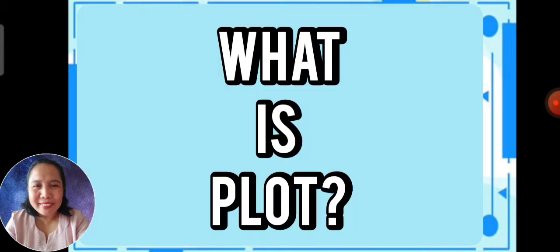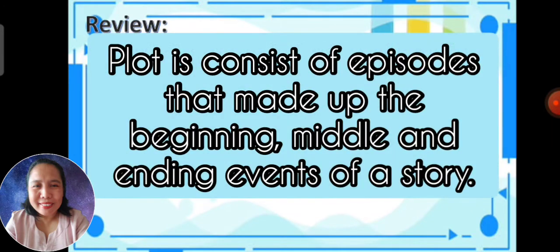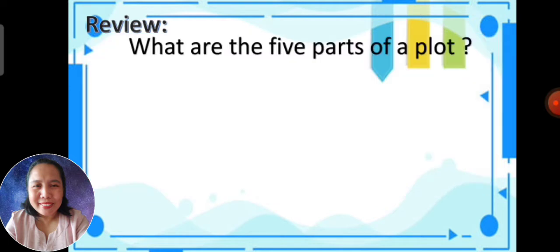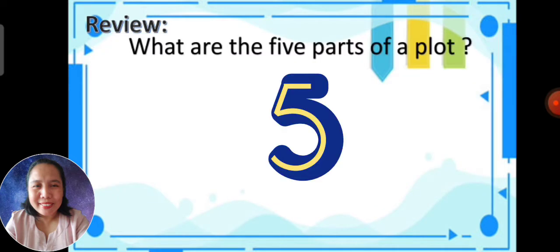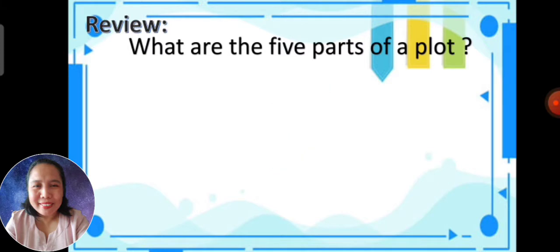Plot consists of the episodes that make up the beginning, the middle, and ending events of a story. So, there are 5 parts of a plot that you had learned last week. So, let's recall.